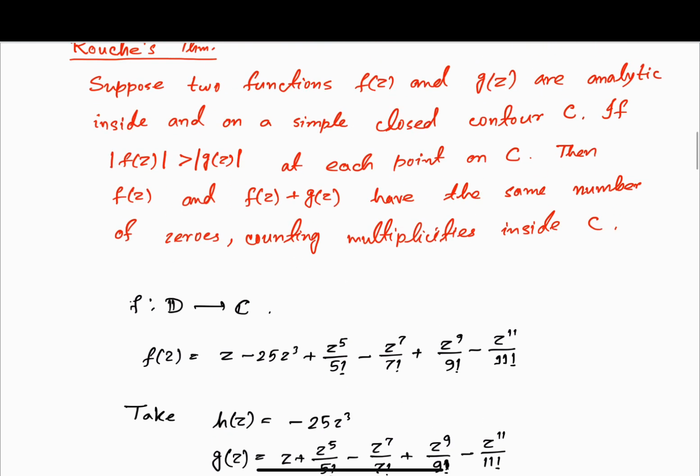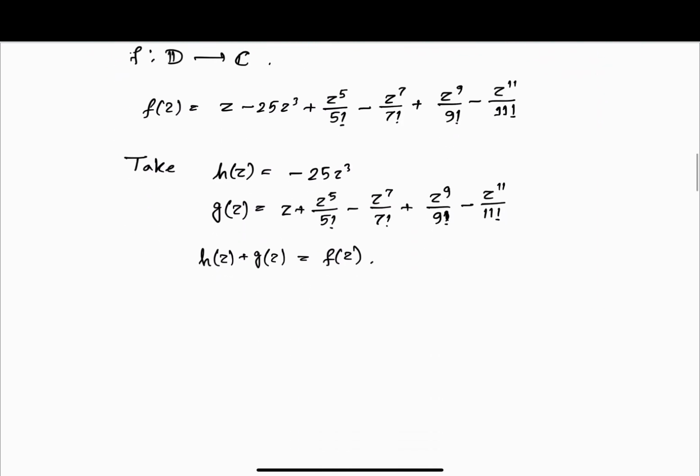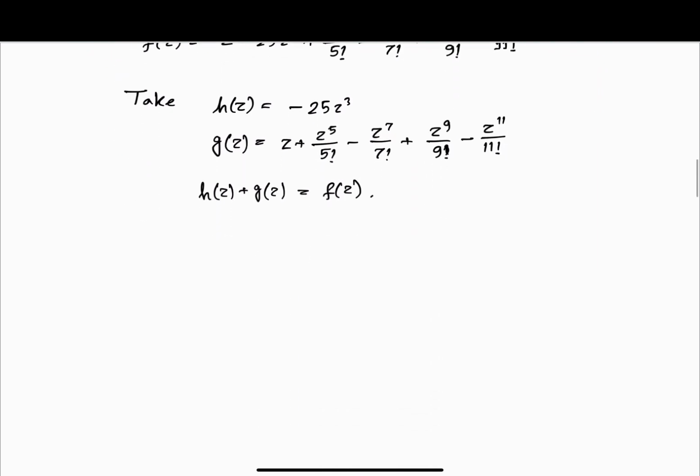So we have to compare these two functions on the boundary of this curve. We will take this as the boundary of the open unit disk, so it is mod z equals 1, right? So here C, the contour, is all such z such that mod z equals 1.